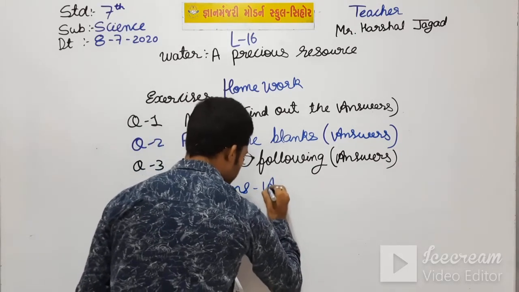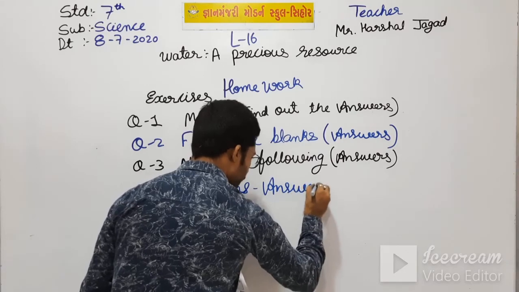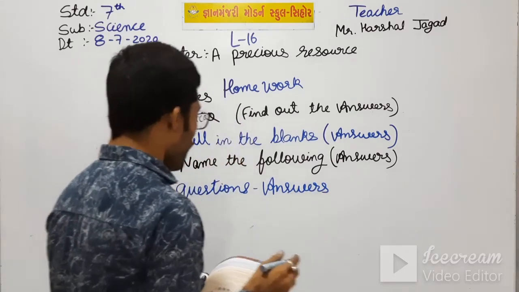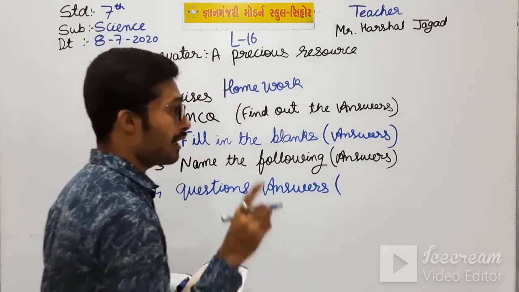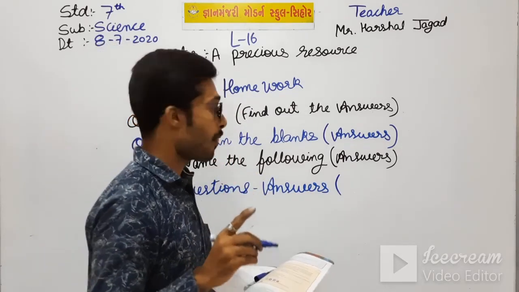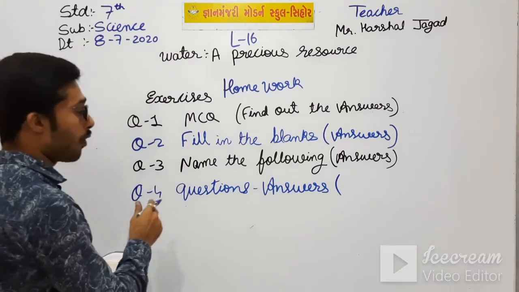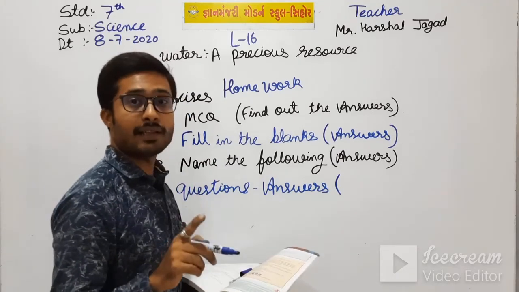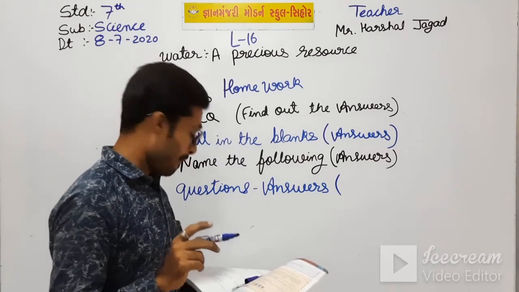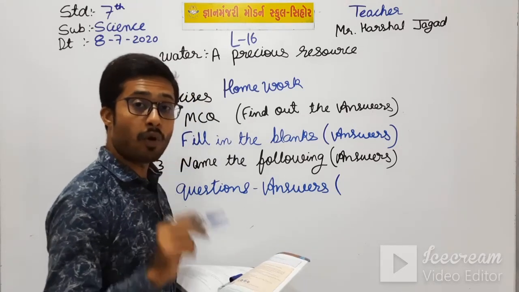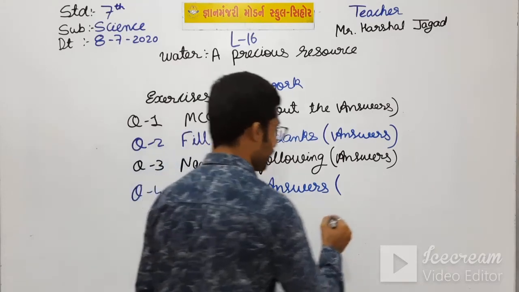So you have to find out the answers to all 12 questions in your textbook, and just write down any 6 in your homework.